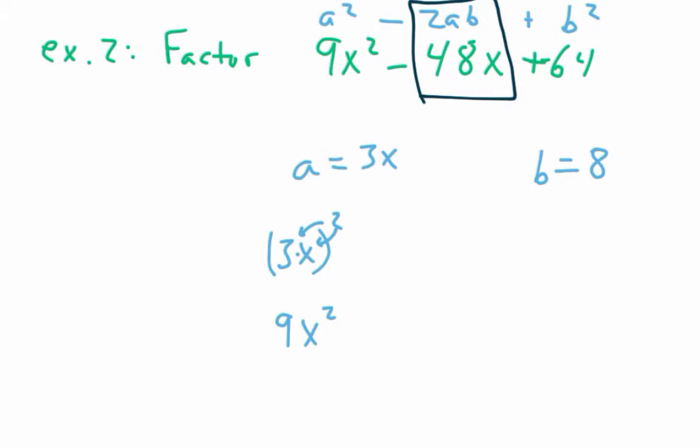I prefer they said 2ba, but 2 times b is 16, right? Okay, and then a is my 3x, so I have 16 times 3x is 48x. Agreed?